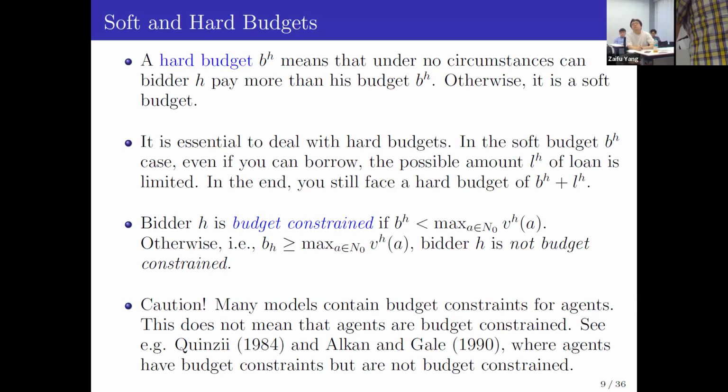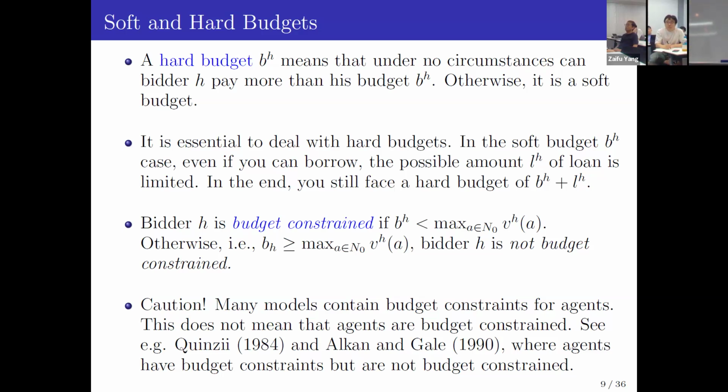Now, what do we mean when a bidder is budget constrained? It is the case when his budget is below the value of some atom.